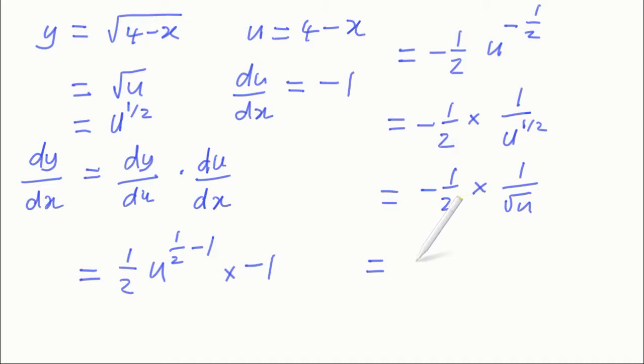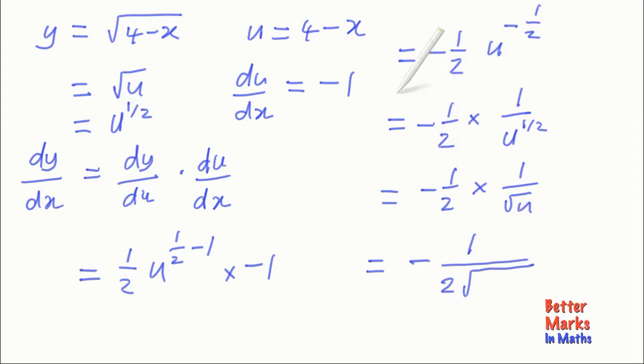I'll just times it together as well in the last step, so tops together, bottoms together with fractions, 1 times 1 is 1 over 2 square root of u, and then replacing the u with 4 minus x, and get the same answer as in the first way of doing the chain rule informally.